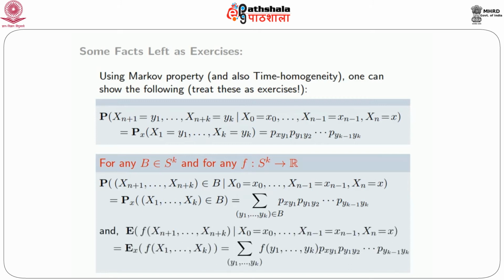And similarly for any function f from S^k to R, if you look at the random variable f(Xn+1, ..., Xn+k), a random variable that depends on the next k states of the Markov chain after time n, the conditional expectation of that, given the past history up to time n, is just as if you started the Markov chain at x and asked what is the expectation of f(X1, X2, ..., Xk).